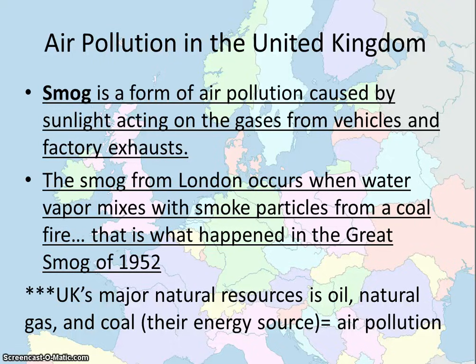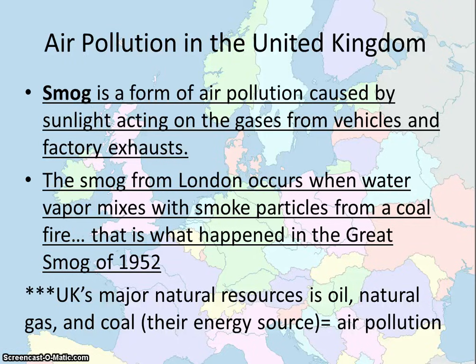The UK's main source of energy is its natural resources, which the country is blessed with a lot of. The disadvantage is, though, that when they were processing these, they created a lot of pollution. Oil is a big natural resource, as are natural gas and coal.